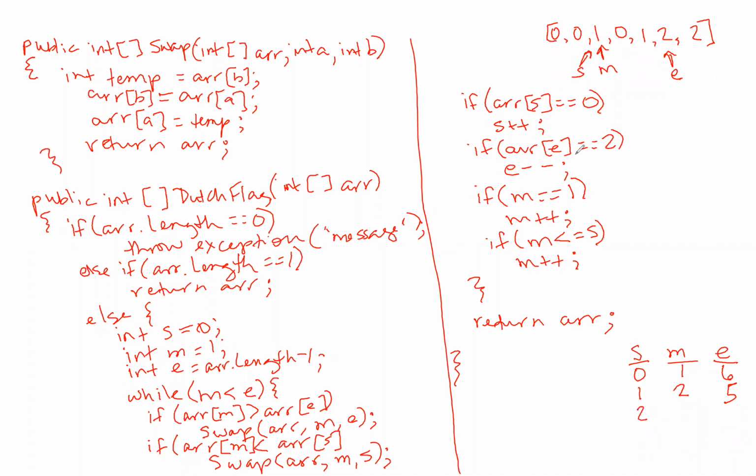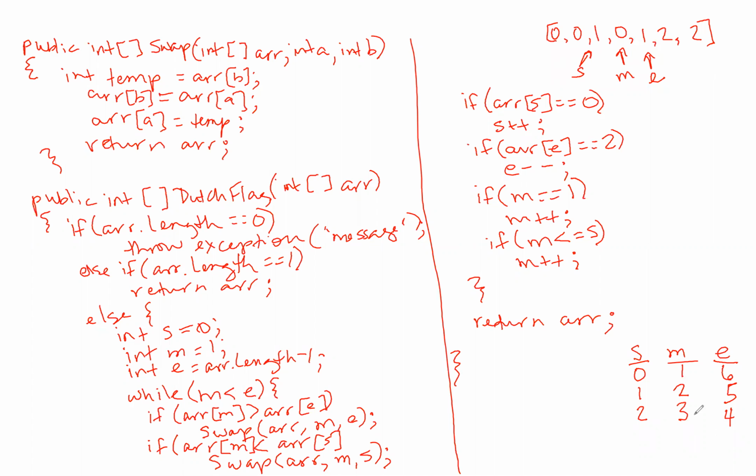If array at E equals 2, which it does, we're going to decrease it. So now E is 4. And if M equals 1, we increase it, and now M is 3. Then M is not less than or equal to S, so we go back to the beginning of the while loop.